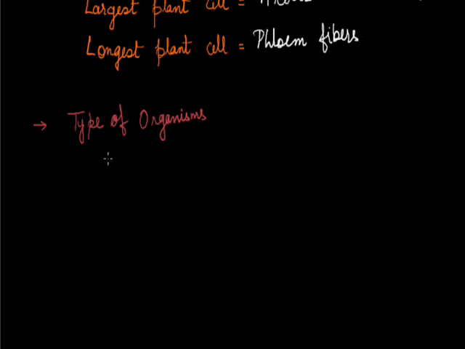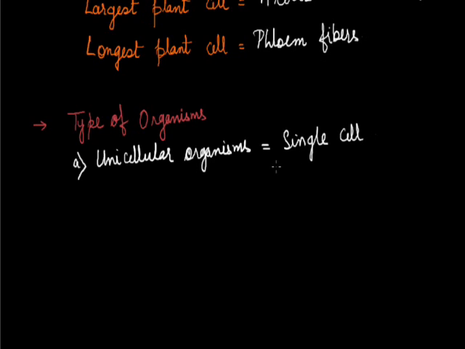And these include the unicellular organisms, which are made up of single cells, for example amoeba, paramecium, euglena, etc.